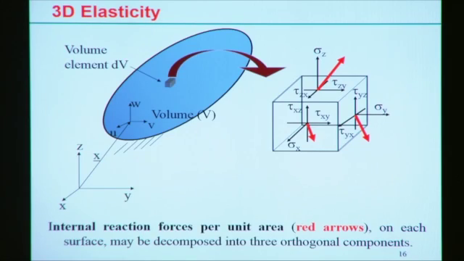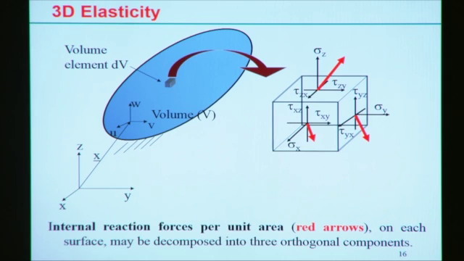But any state of force condition can also be represented within the elemental volume in terms of these 9 components of the stress.